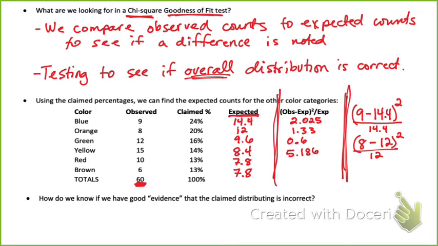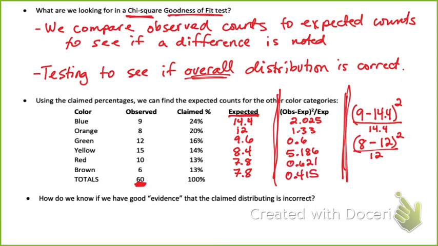Holy moly. All right, what is the chi-square contribution or the standardized distance from what it should have been for red? And for brown? Beautiful.